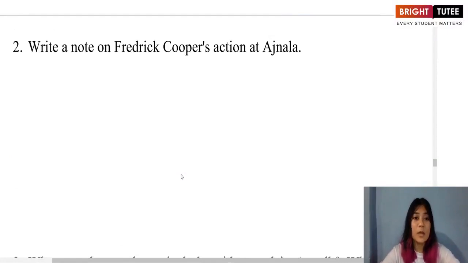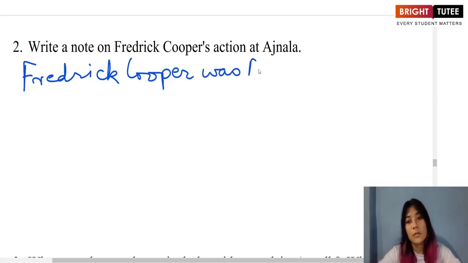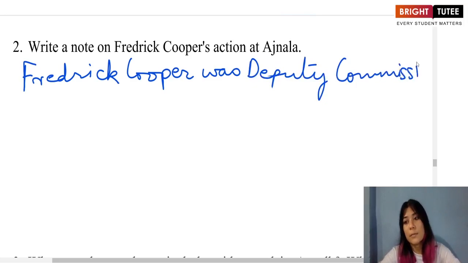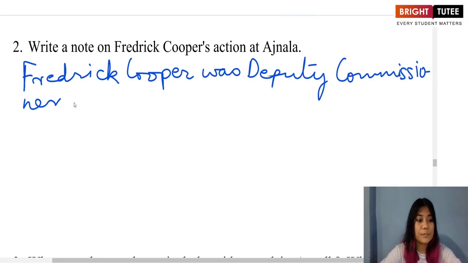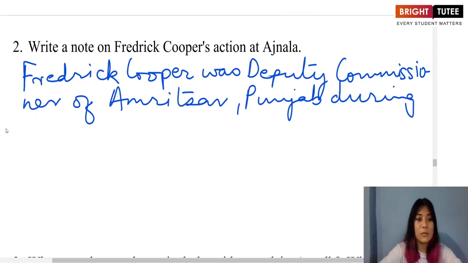The next question. Write a note on Frederick Cooper's action at Ajnala. Frederick Cooper was Deputy Commissioner of Amritsar in Punjab during the revolt.